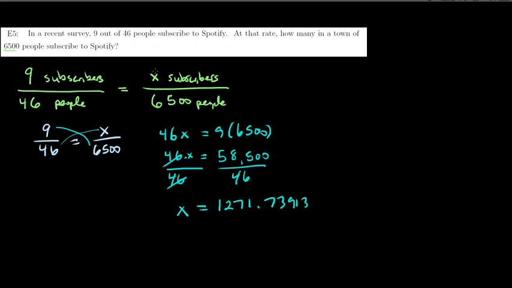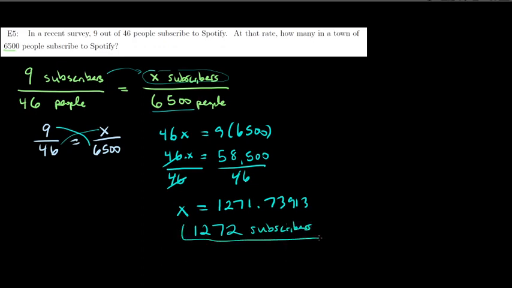We're looking for the number of people in a town of 6,500 that we expect, based on this survey, to subscribe to Spotify. If we have the same rate here, how many people would we expect to be Spotify subscribers in a town of 6,500 people? And the answer should be 1,271, or if you round up, 1,272 subscribers.